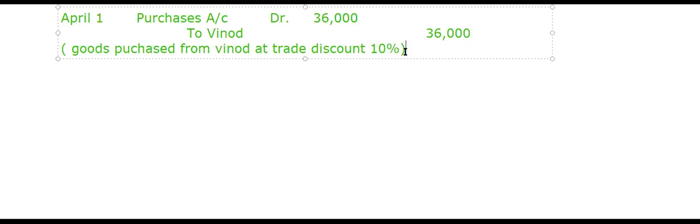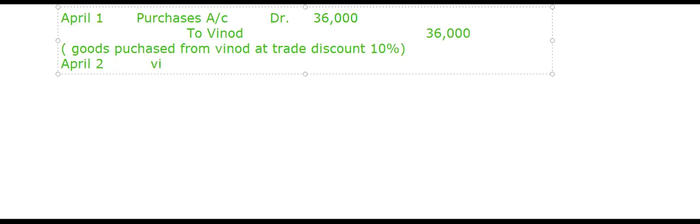Now, after putting the entry on 1st April, the next transaction takes place on April 2, that is goods returned to Vinod of list price 10,000. Please keep in mind, it is the list price of 1,000 that is the goods return.